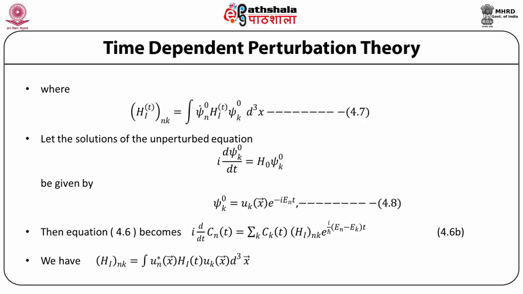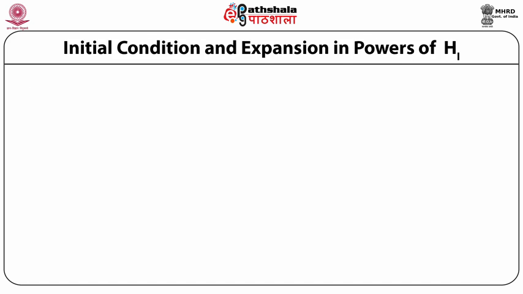So we get the matrix element between n and k of Hi as un star x vector into Hi(t) into uk(x vector), the whole thing integrated over the volume d cubed x. The initial condition and expansion in powers of Hi is the crucial expression which we get in the perturbation theory, and each expansion in the powers of Hi is known as an order of the perturbation theory.